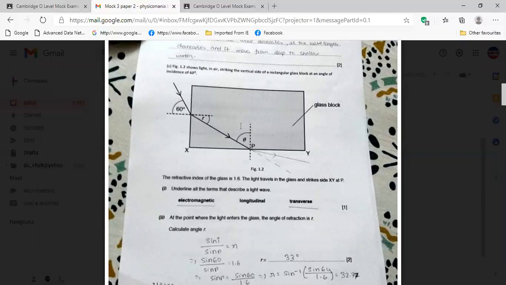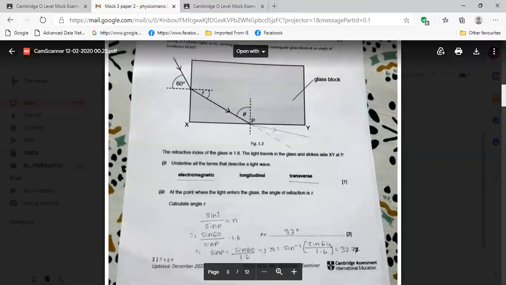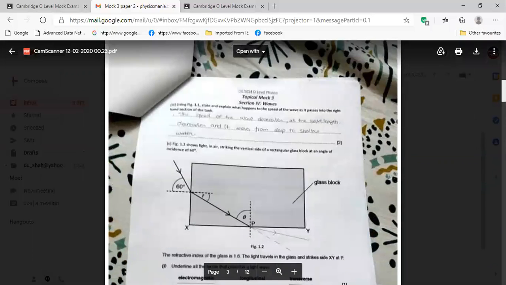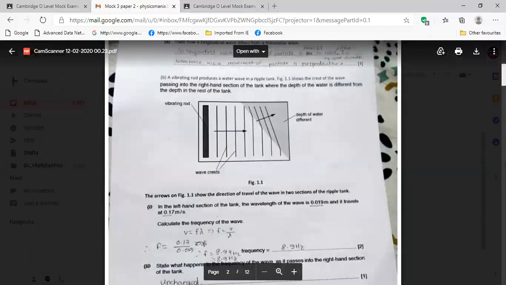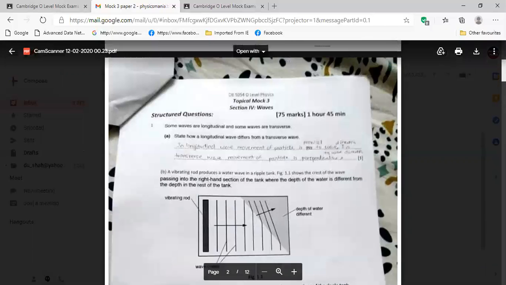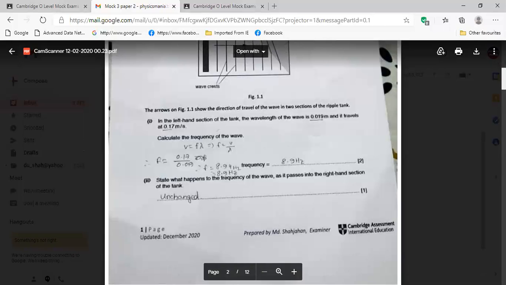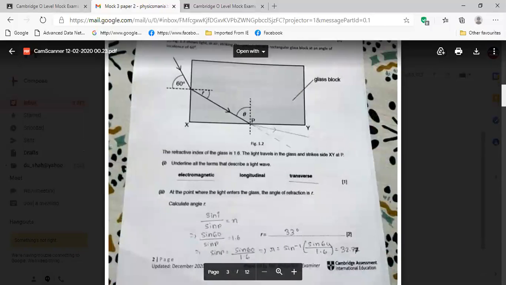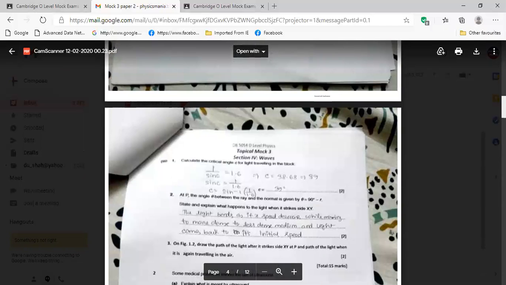And your critical angle is given, right? What is the value of the critical angle? In question 3, they asked about the critical angle.